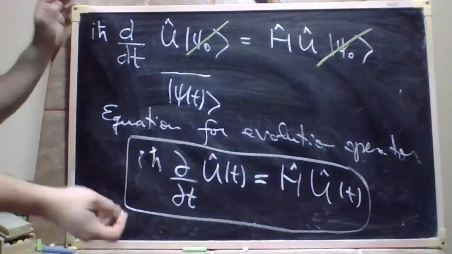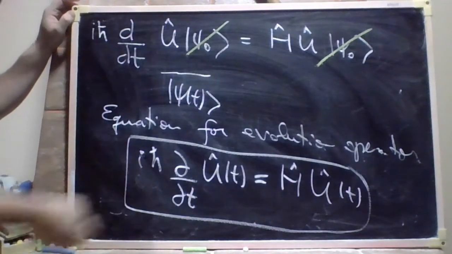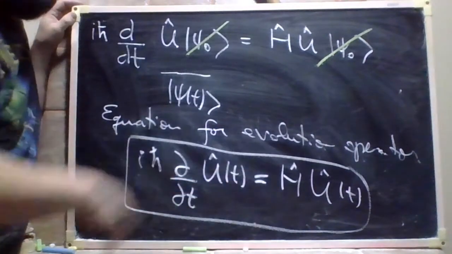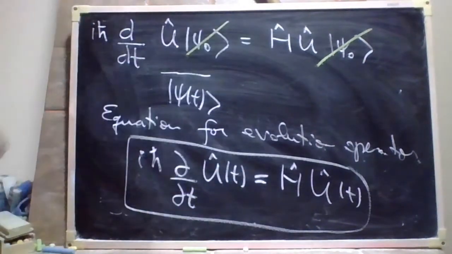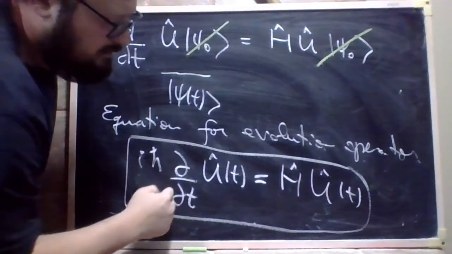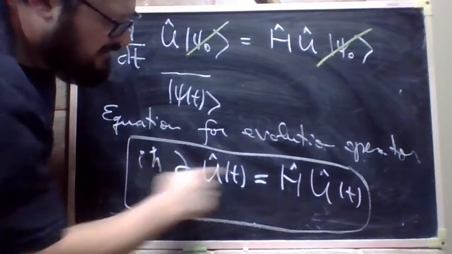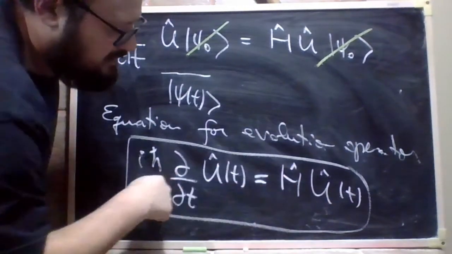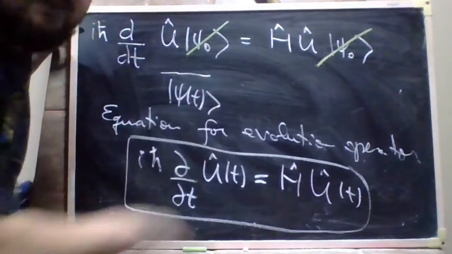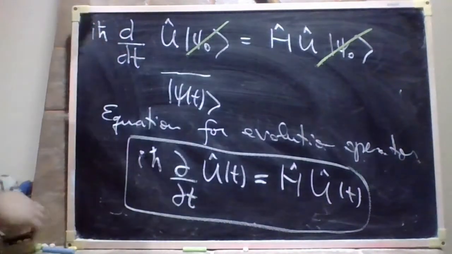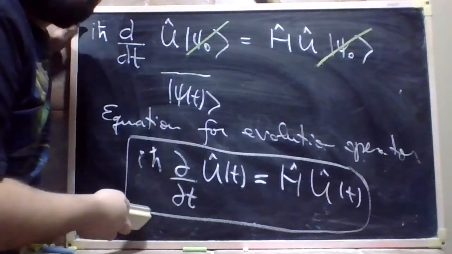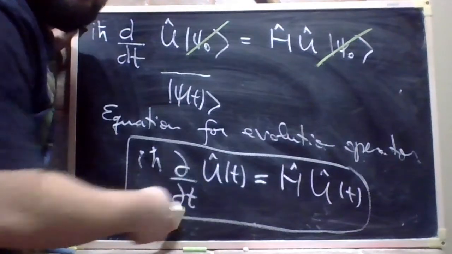And the solution we already know. It's just the exponential of minus i, the Hamiltonian, divided by h bar, multiplying time t. Or if this is an operator which depends on time, you can multiply everything by dt and divide by the operator U, the inverse of the operator, and the same things as for an ordinary differential equation of order 1 apply here.